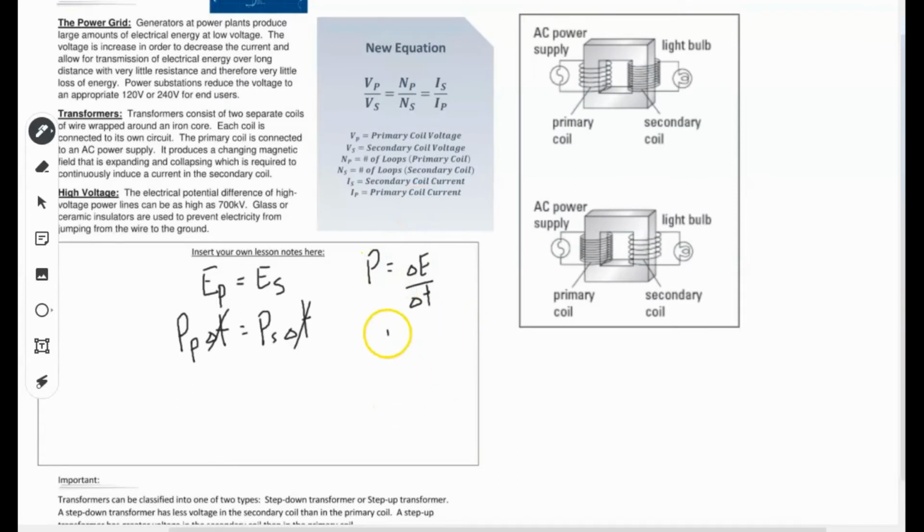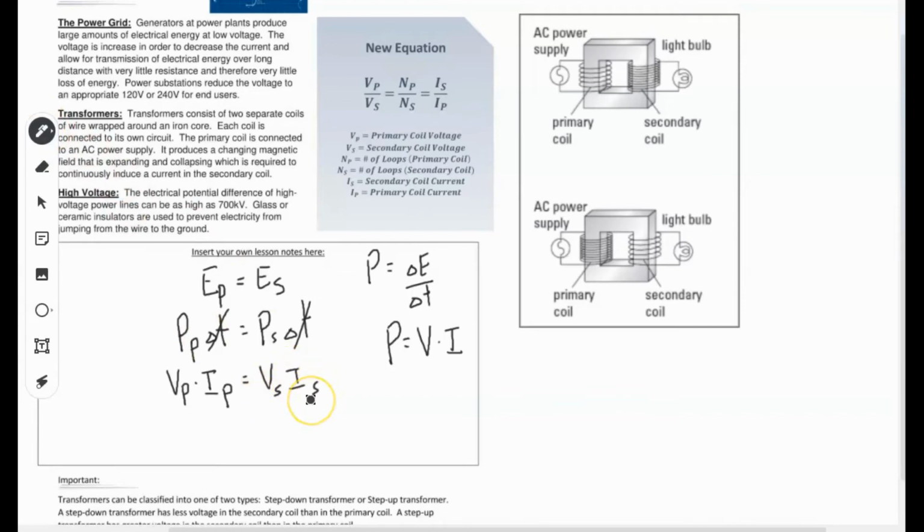Okay, and if you remember, the power through an electrical circuit is voltage times current. So this means the voltage times the current in the primary coil must always be equal to the voltage times the current in the secondary coil, like so.